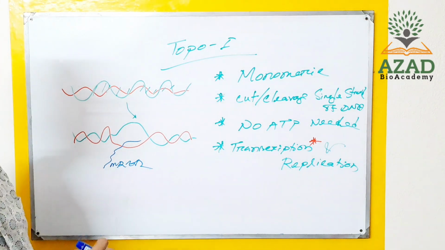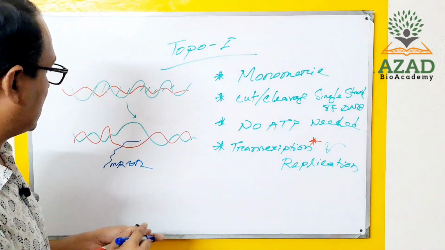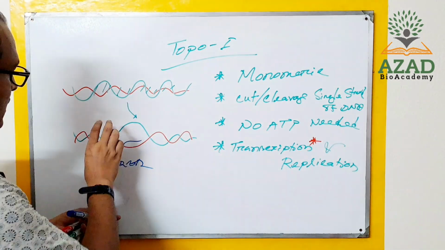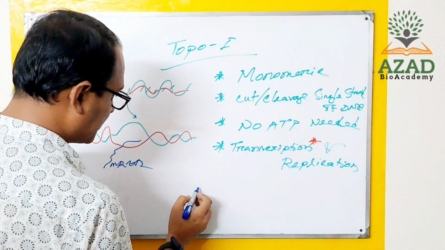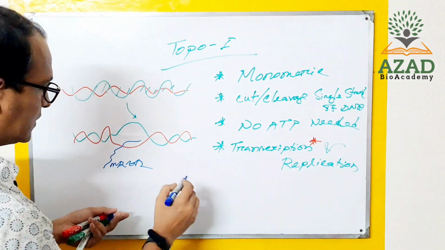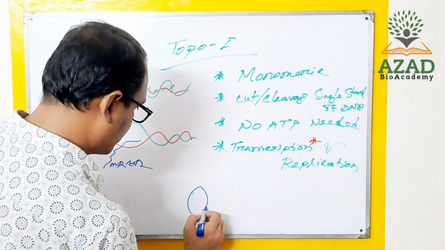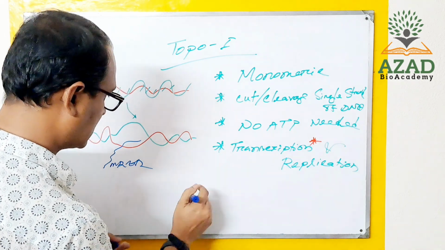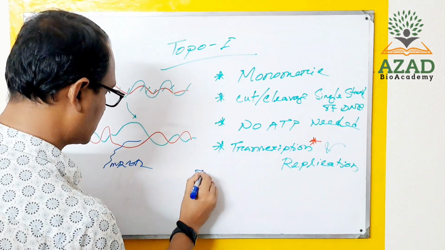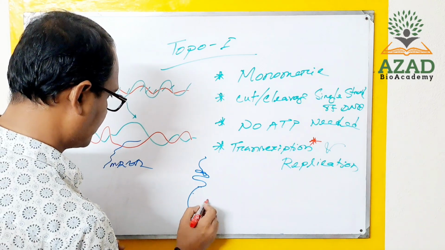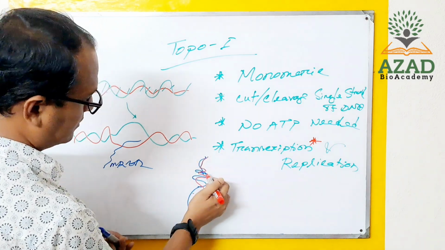In that area, the topoisomerase 1 enzyme will work. And how will it solve that problem? Suppose here is the bubble, and here is the negative supercoil.